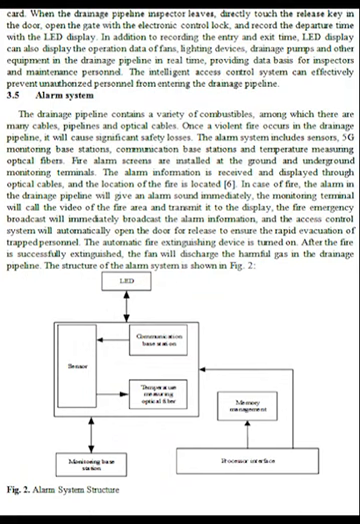Design of comprehensive monitoring system for municipal water supply and drainage pipeline based on machine vision. During the construction of drainage pipelines, it is necessary to minimize the potential safety hazards in all aspects of the drainage pipelines and ensure that the top floor area and the bottom floor area are separated.